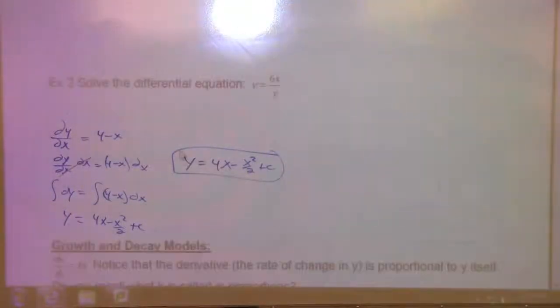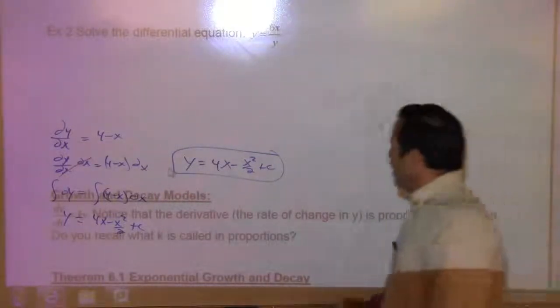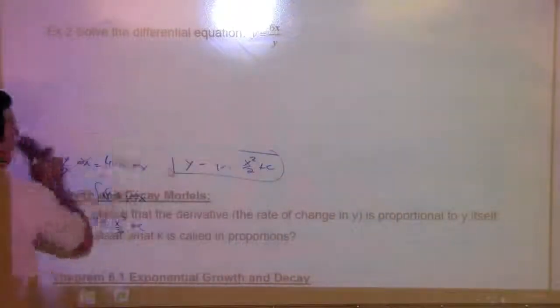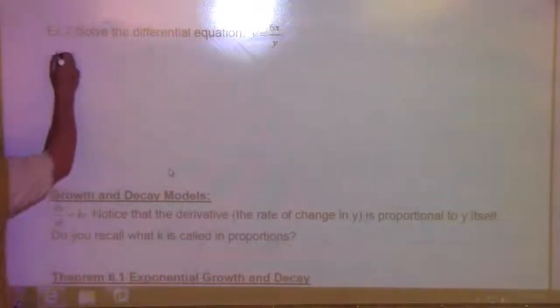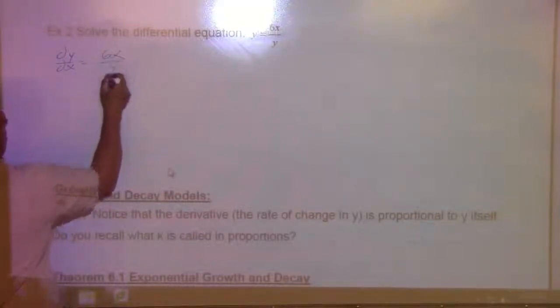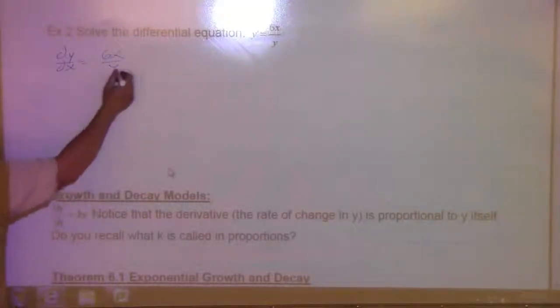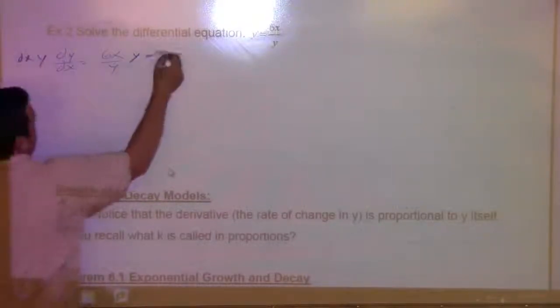So for example 2, the same thing holds. You're probably saying, but Jeff, it says y prime, not dy/dx. Well, recall that y prime is dy/dx. It's another way of writing it. So we could say dy/dx equals 6x over y. Bring the y over, multiply both sides by y and by dx.